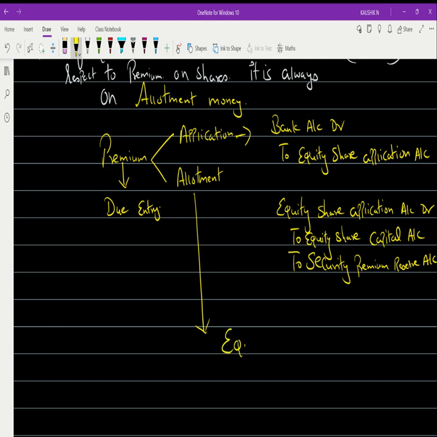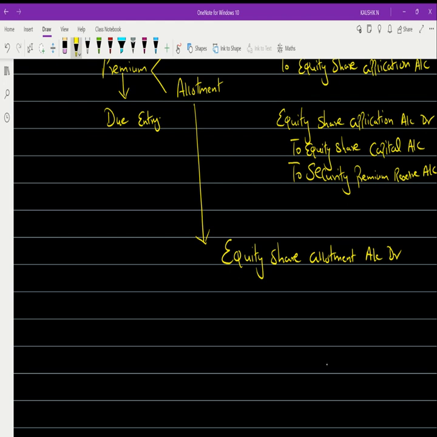The entry will be: equity share allotment account debit to equity share capital account, and then to security premium reserve account, to SPR account.